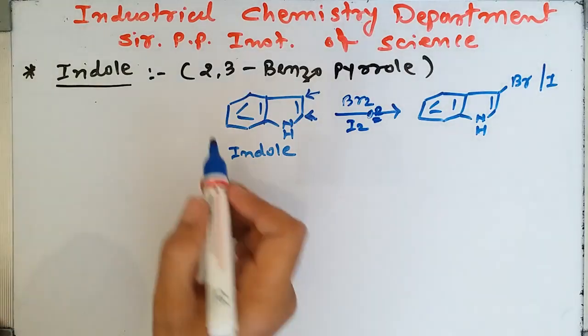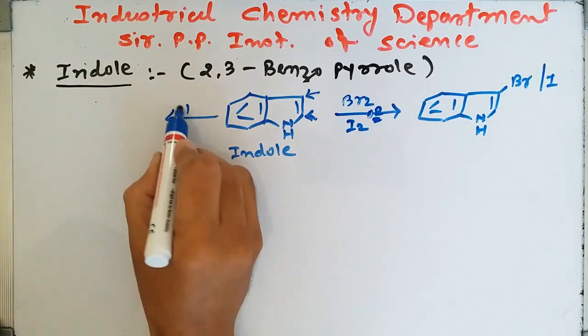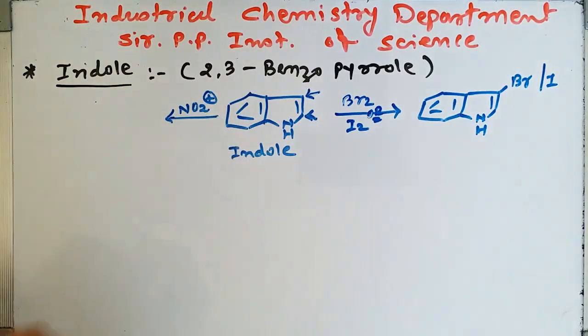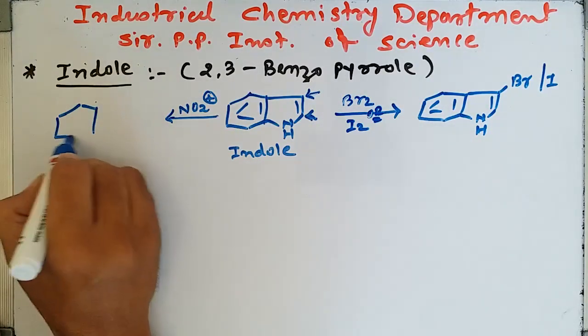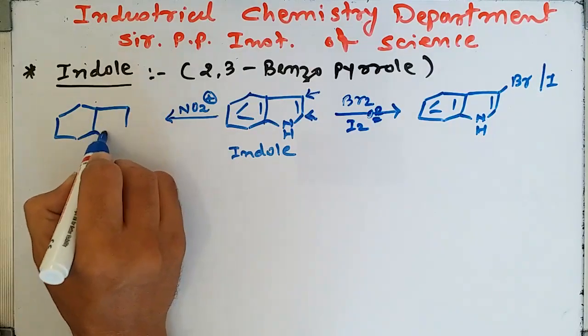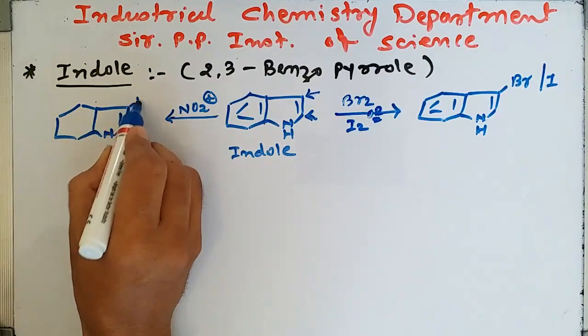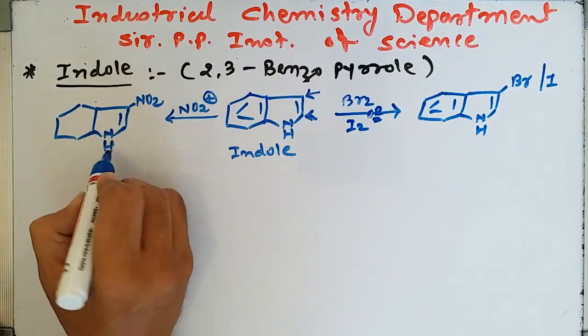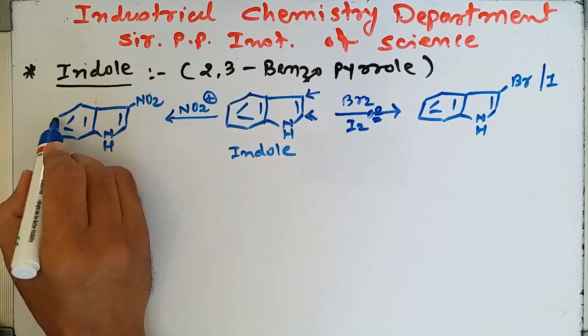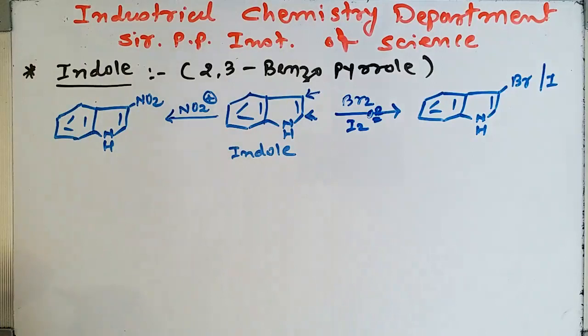It undergoes nitration with nitrating mixture, nitric acid and sulfuric acid. Then we get 3-nitroindole. According to electrophilic substitution in position 3, 3-nitroindole is obtained.